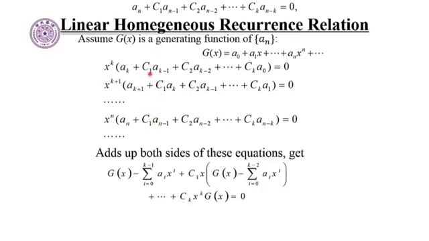What about the second column? We would discover that it is a_{k-1} times x to the kth power. Compared with the original generating function, it multiplies one more x, so we could take c1 and x out, and then it's g(x) minus the sum of a_i x to the ith power inside the parentheses. Also, adding all the remaining terms, the result is that the right-hand side is 0.